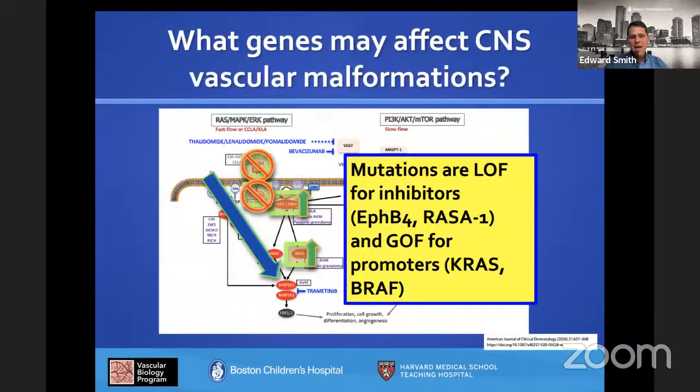At the end of the day, what we're understanding from our clinical observations, what we see in the operating room, is helping us to understand that in this common pathway, a loss of function of Ephrin B4 or RASA1, or an increase of these kinases such as KRAS, we see them in AVMs, we see them in some cavernous malformations, BRAF, we see that in AVMs and also in some tumors, ends up at this common pathway down here.